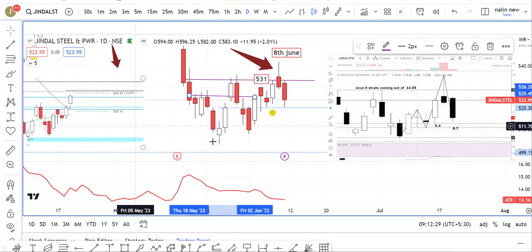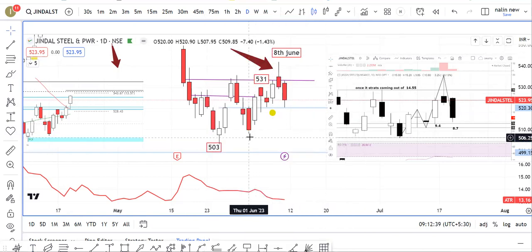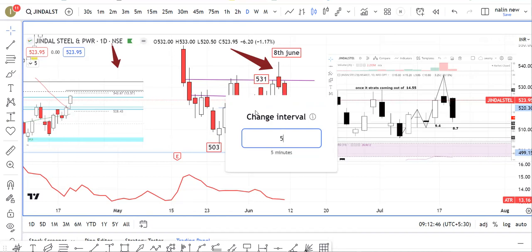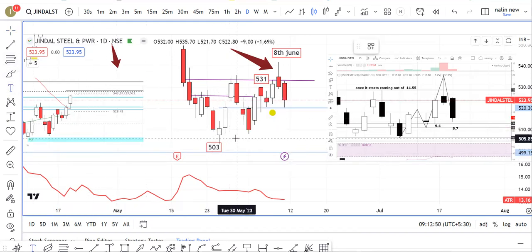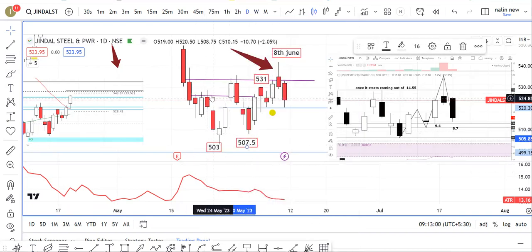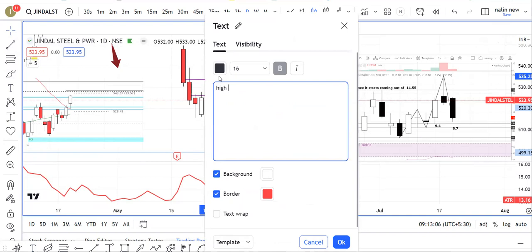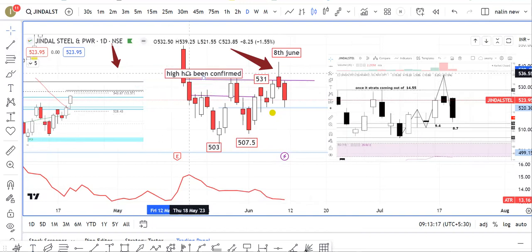Let me write down this low, 503 and 535, not 575. Okay, so this high has been confirmed.